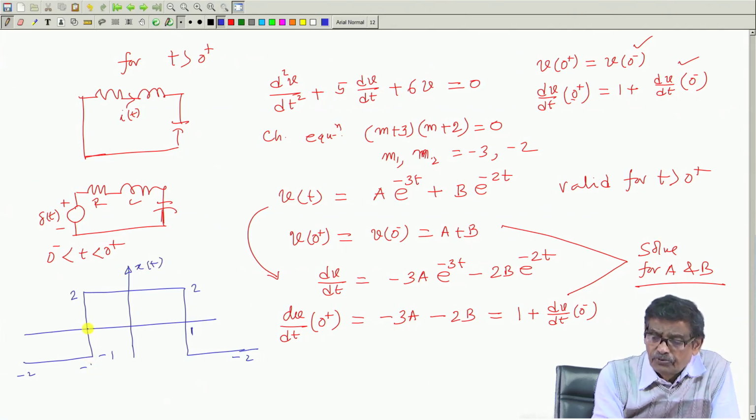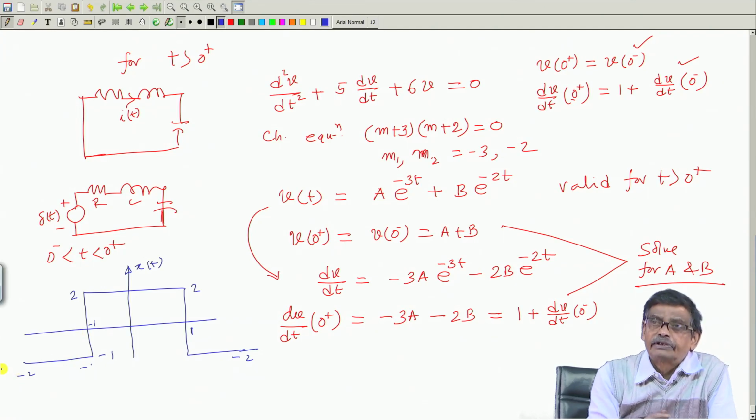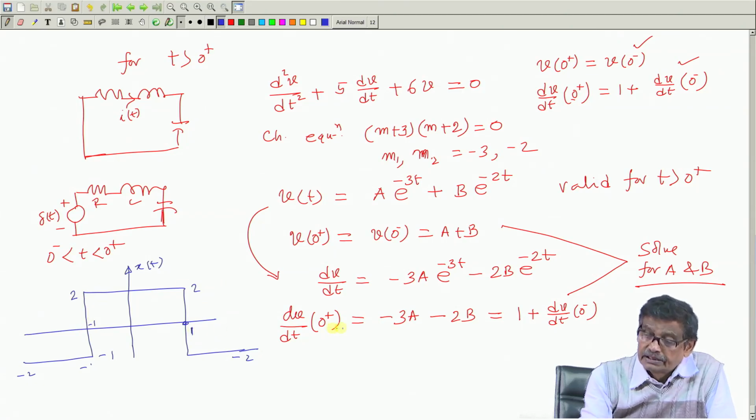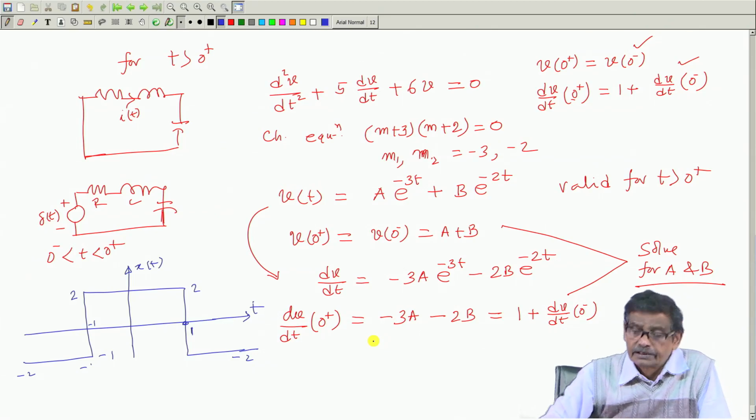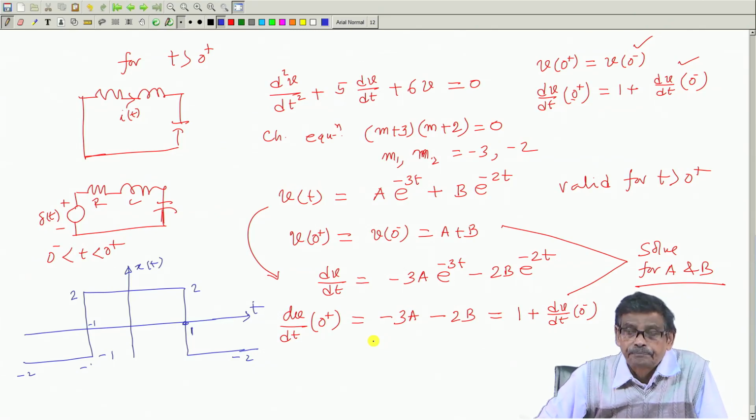It was -2 for t less than -1, this point being -1. For any negative value of time, this function had a constant value -2. Similarly, between -1 and +1, between these two points, it has a +2. And for time greater than 1, this axis is time, we should not forget to mention that, it will have a -2 value for t greater than +1.